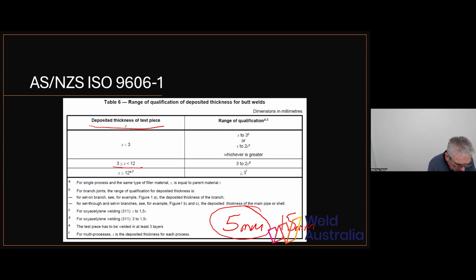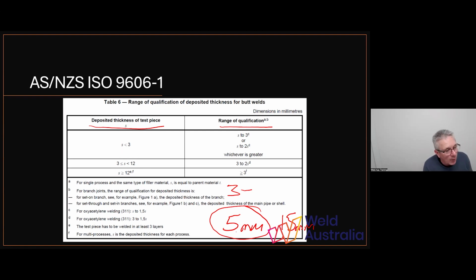So, righto, we fall here. We're actually greater than 3, but less than 12. So we fall right in that range. It then says to me here my range of qualification is 3 mil to 2 times the deposited thickness.